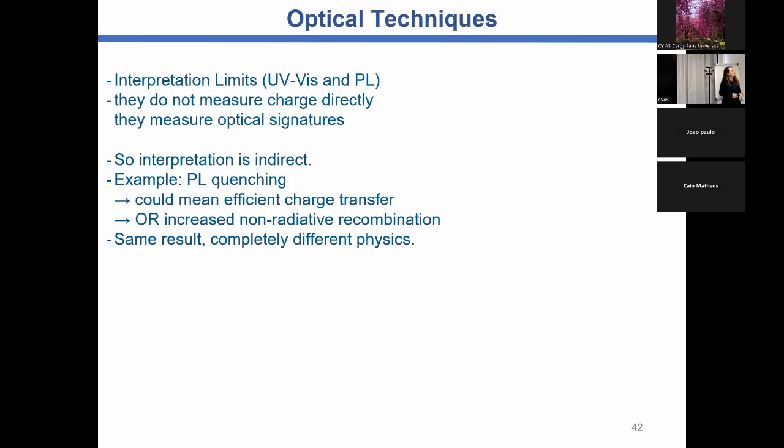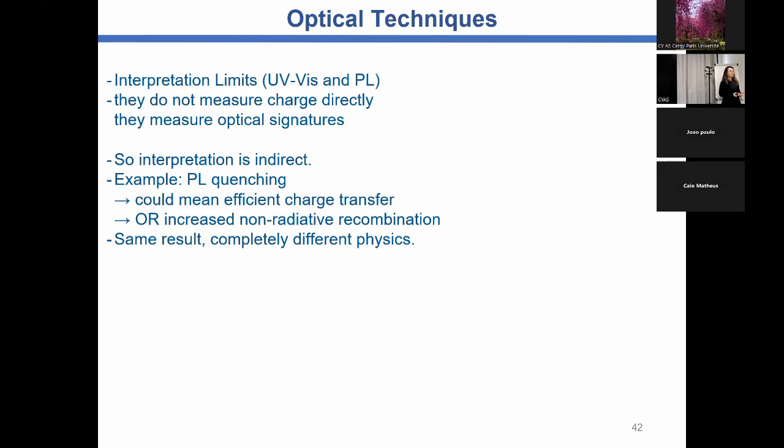So, for instance, PL quenching could also mean efficient charge transfer or increased non-radiative recombination. So these two are both competing in terms of interpretation. So this is the deal using optical techniques.